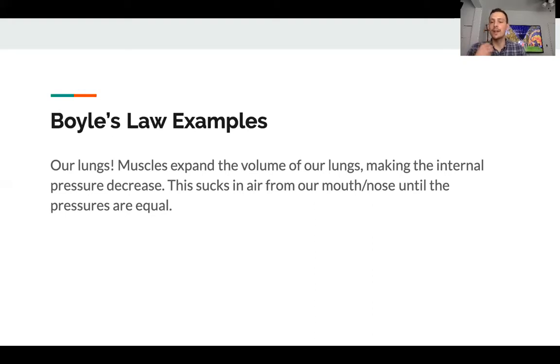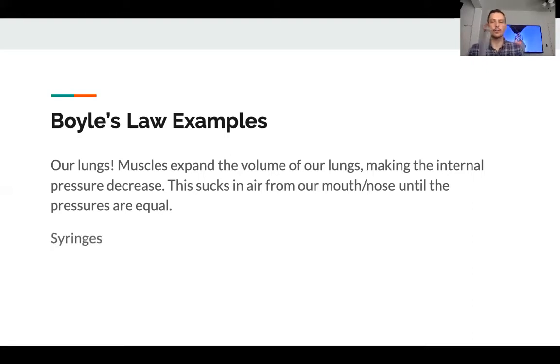And it sucks in air through our nose, through our mouth, through our throat until it fills up our lungs and they're at equal pressure with the outside environment. And then to expel that air, we contract, meaning we decrease the volume of our lungs, and that makes a high pressure environment in our lungs, which is expelled back out of our mouth. So that's how our lungs work. That's how a lot of things work.